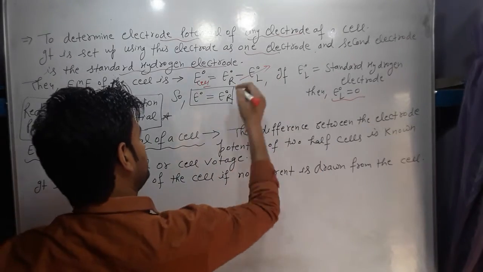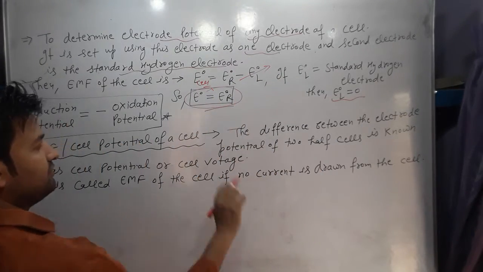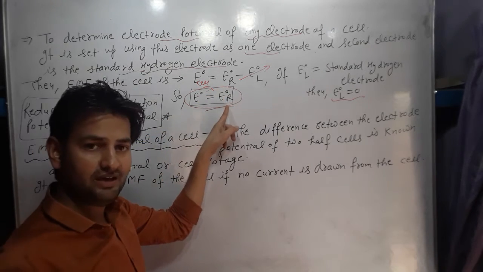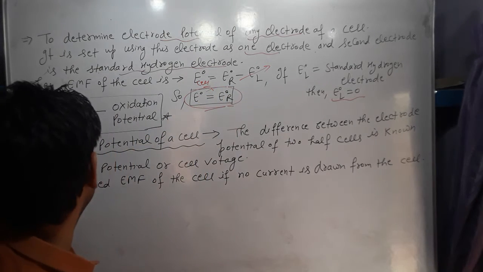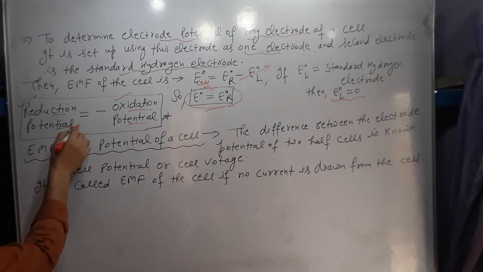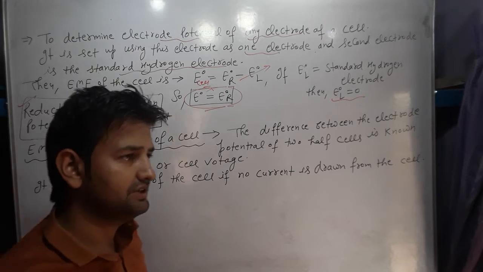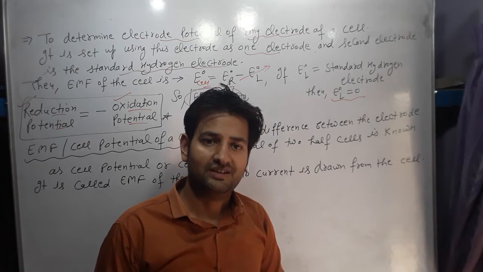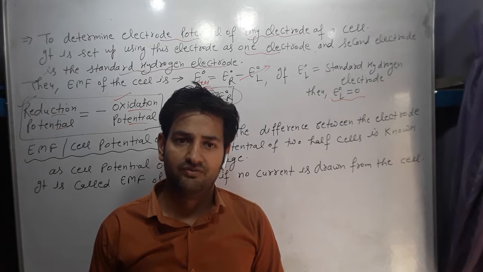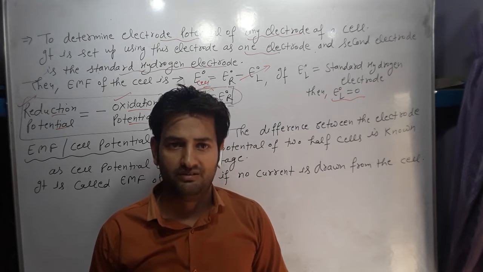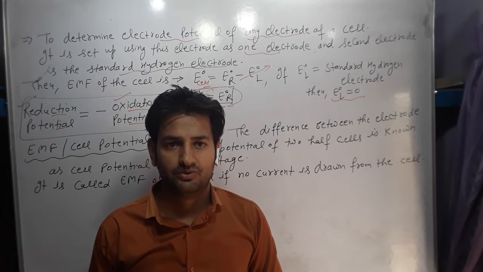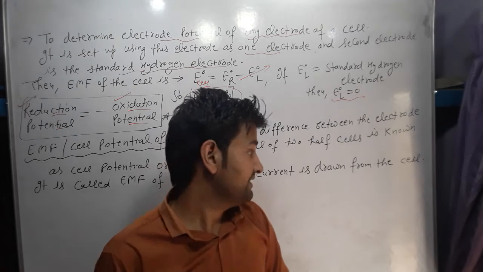If this value is 0, then EMF of the cell will be equal to E naught at the R. We can calculate the EMF of this electrode. We know that reduction and oxidation are just reverse processes to each other. If we are given the reduction potential, then we can just reverse its sign, we can calculate its oxidation potential. और अगर हमें oxidation potential given है, then we can find out its reduction potential simply by changing the sign.